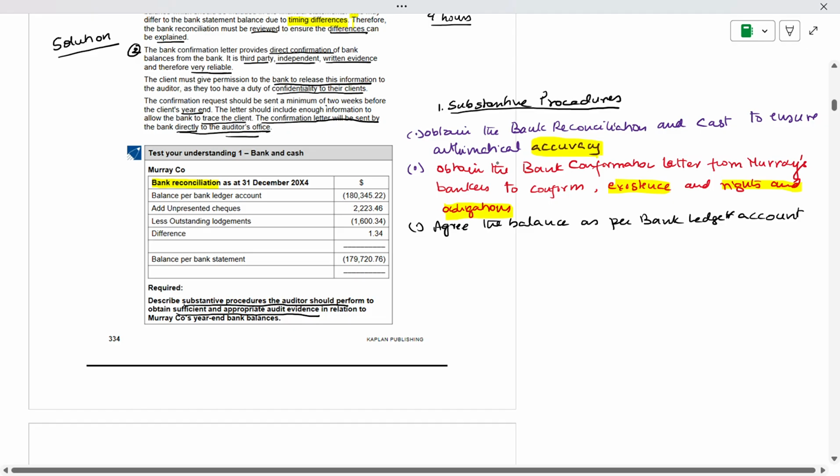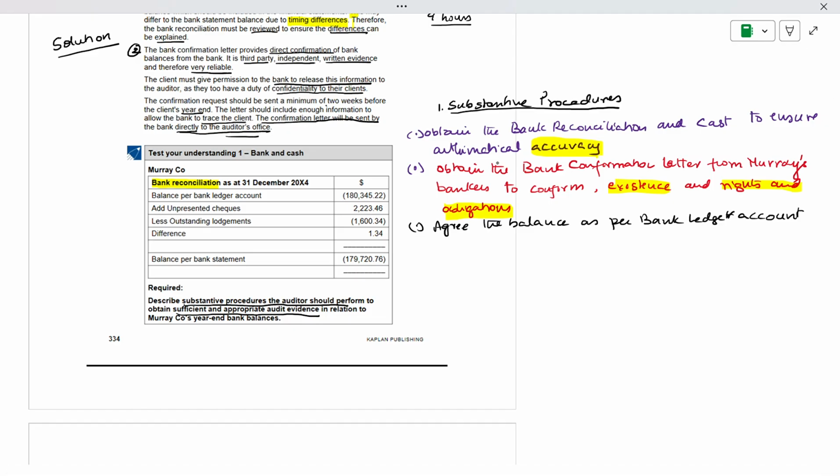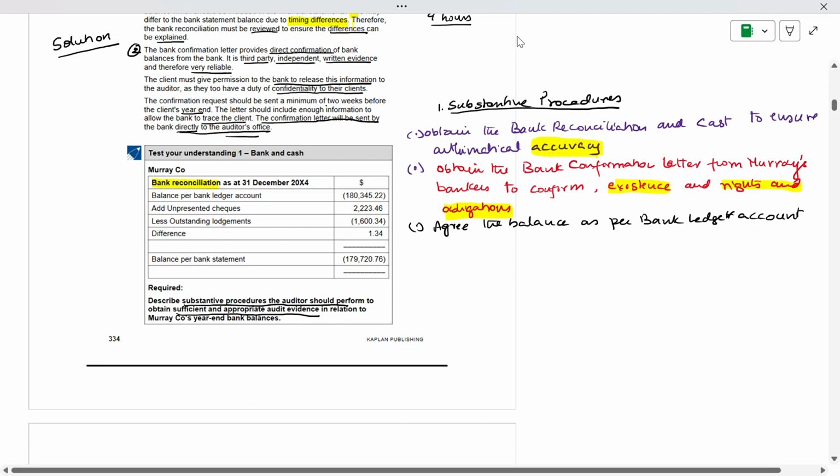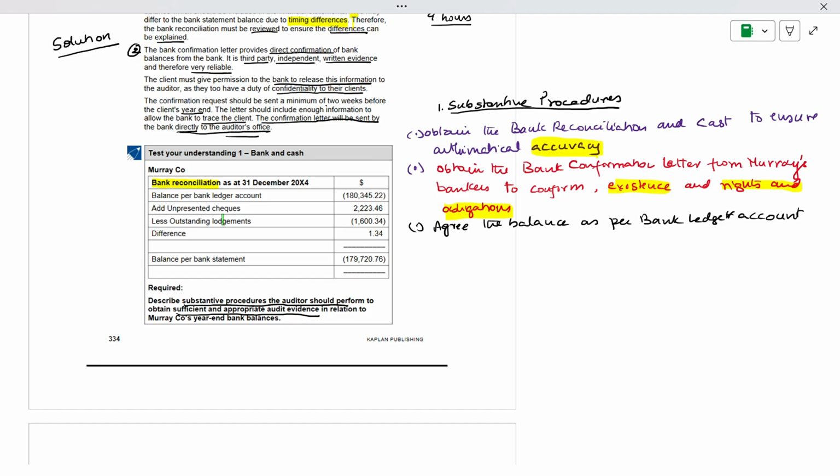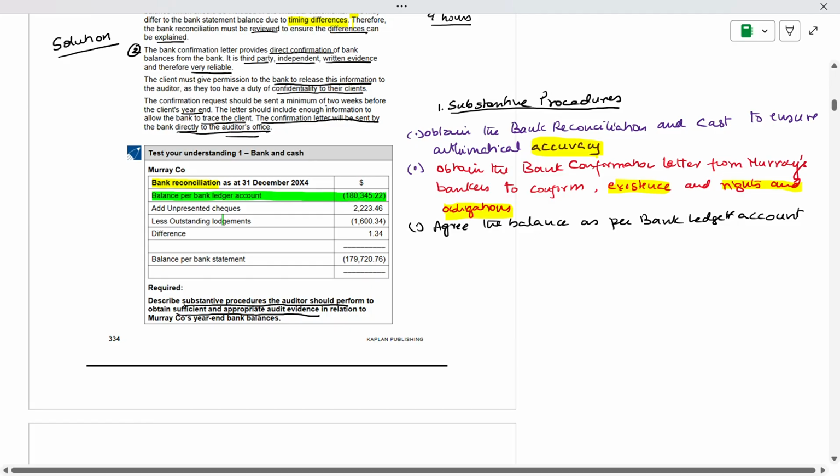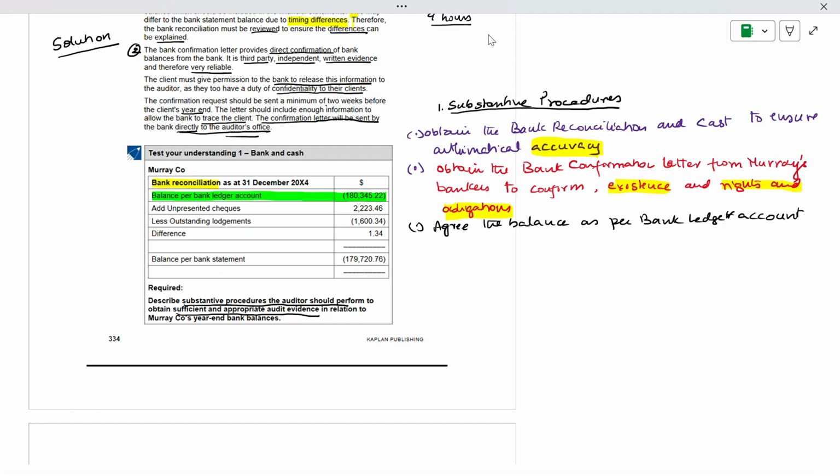I'm not saying it is that easy. Sequence is very important. Agree the balance as per the bank's ledger account.